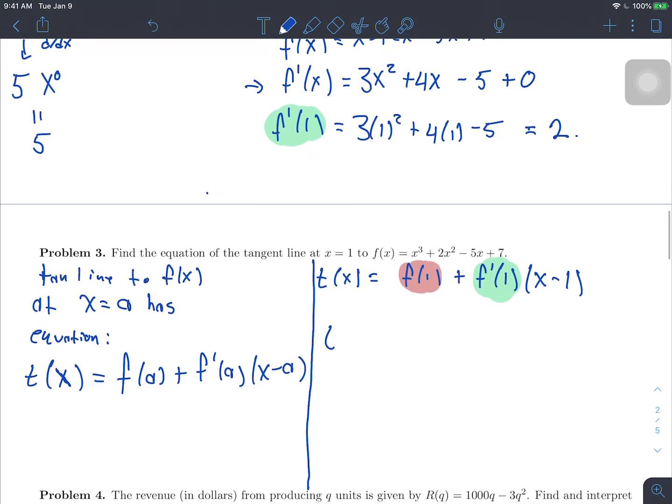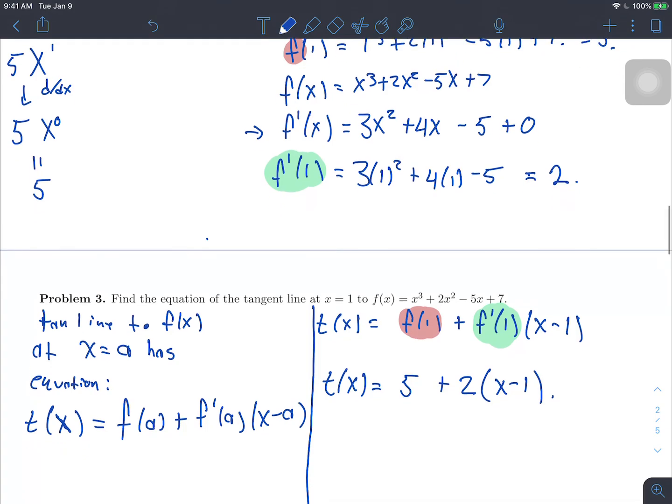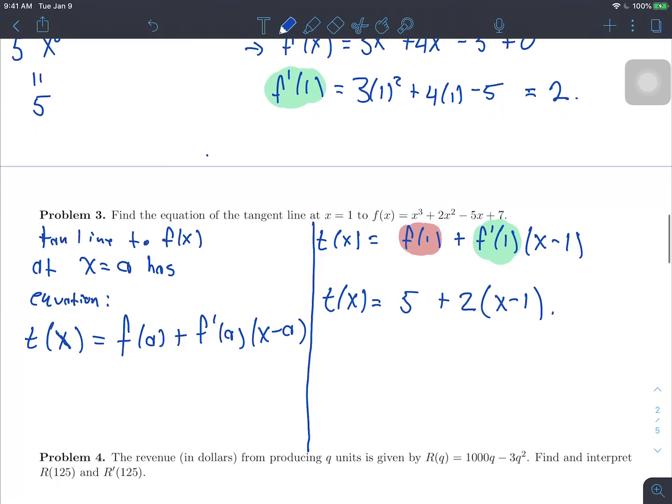So, plugging in, we found f of 1 was equal to 5, so I'm just going to put a 5, plus f prime of 1, which we determined was equal to 2, times x minus 1. Okay, so we found the equation of the tangent line.